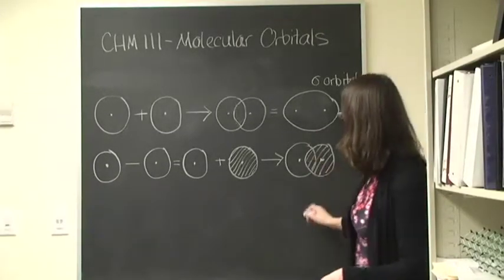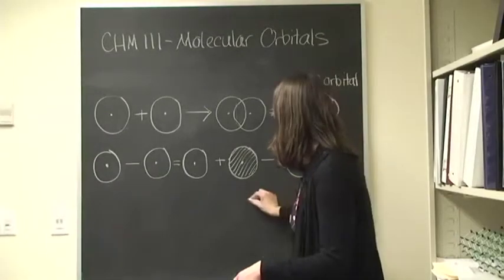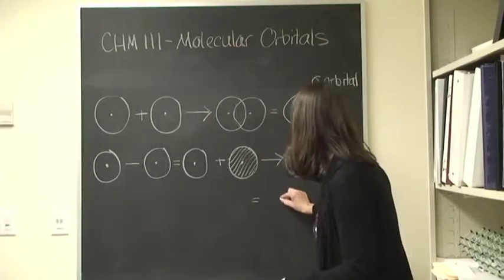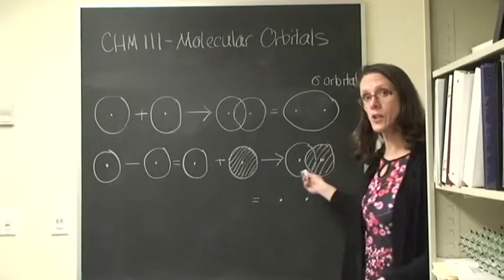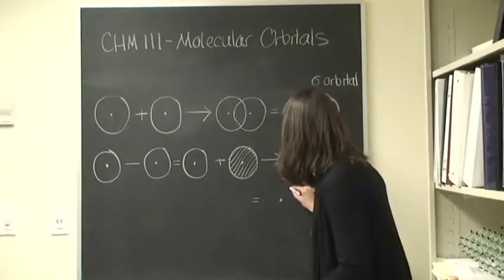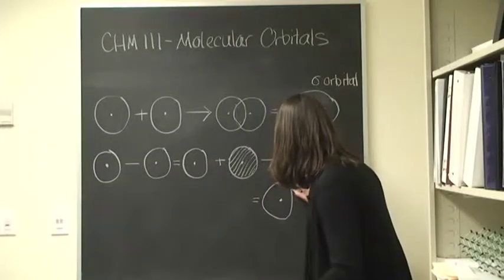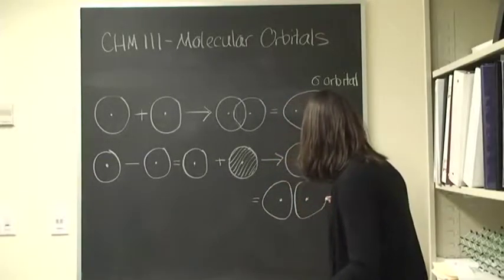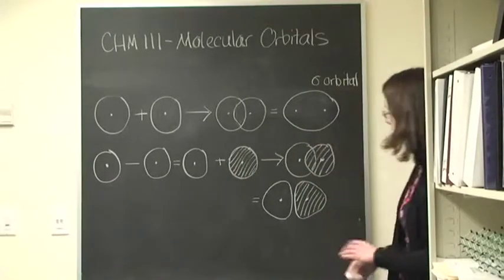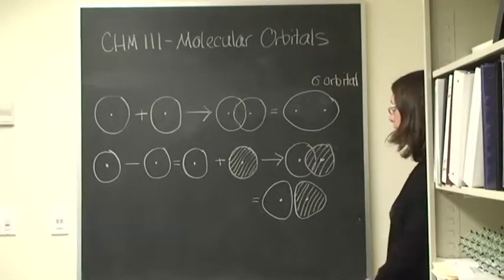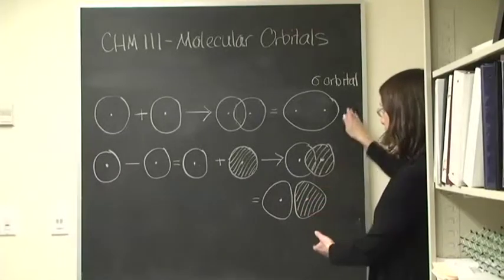So the picture here looks like this. You have to draw it underneath. Here are the two nuclei again, but now in the middle of the two of them, the electron density goes to 0. So I end up with a picture that looks something like this. Okay, so what do I have? I have a molecular orbital. Here's one molecular orbital.